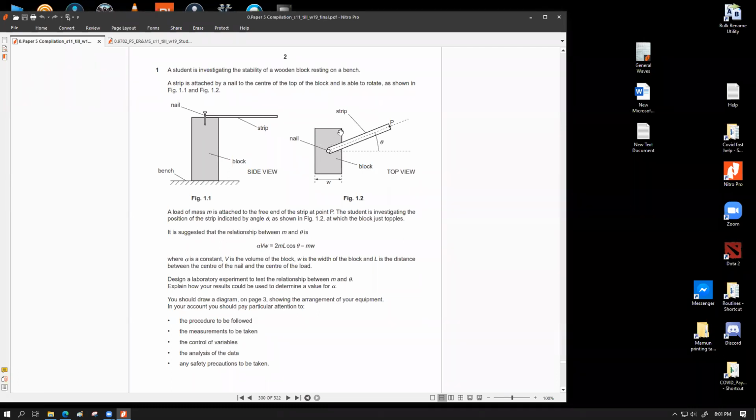I cannot say it for sure. I might have to look something up, but what I can tell you is that there is definitely a specific value of theta beyond which the block will not topple in the direction that we want it to topple. There is a maximum value of theta beyond which the experiment will not work.